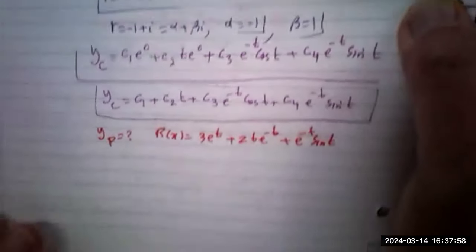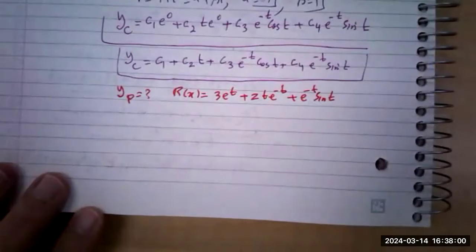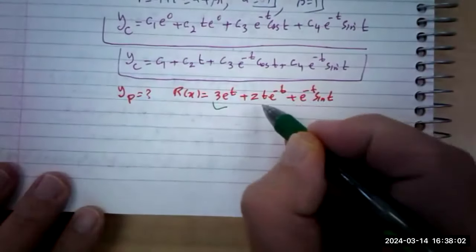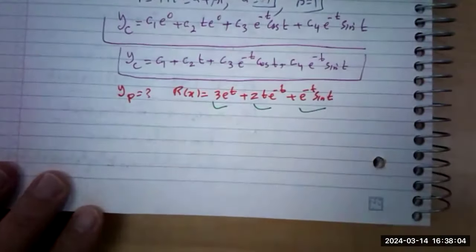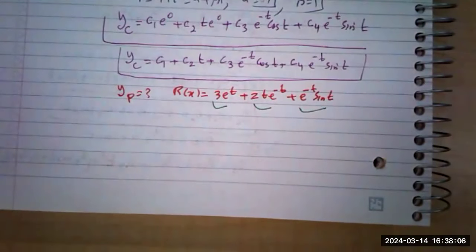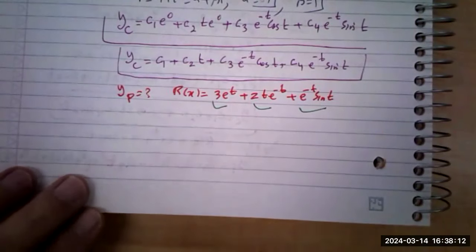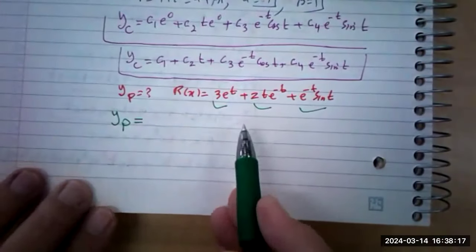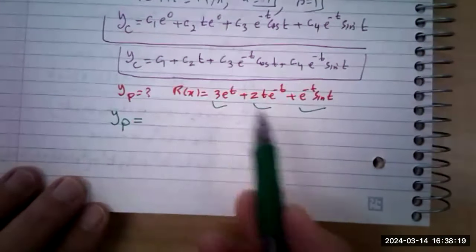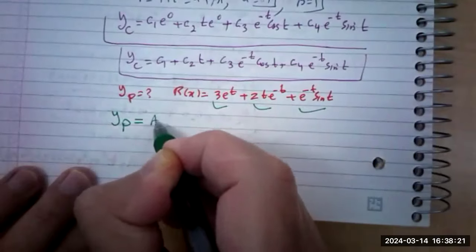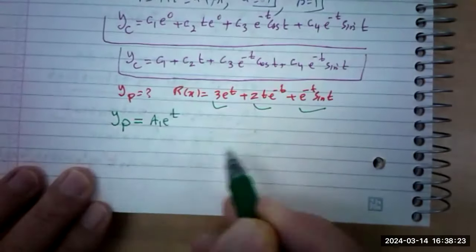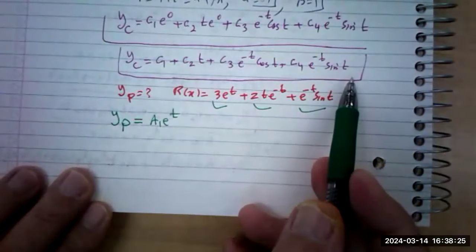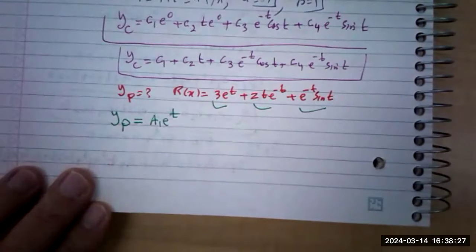You have 3 functions, okay? 1, 2, 3. So we have to take care of these all together. Are you ready? What's YP? So YP is equal to the first one. It's a constant times e to the t. So it's going to be just a constant times e to the t. e to the t is not a duplicated case and we're done.